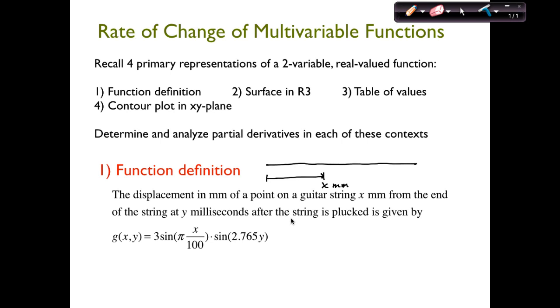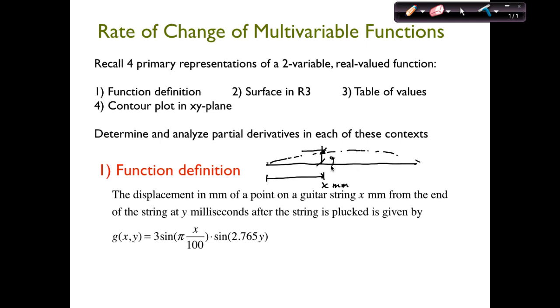And so what happens to the string? This is exaggerated, of course, but it's going to vibrate, right? It's going to oscillate up and down. And so the distance from this center line position, say at x millimeters, at some time, y milliseconds after plucking the string, is g of x y.